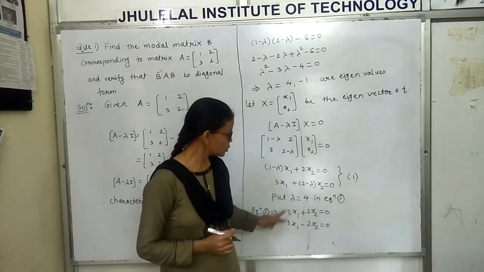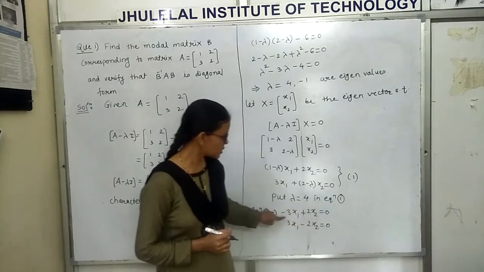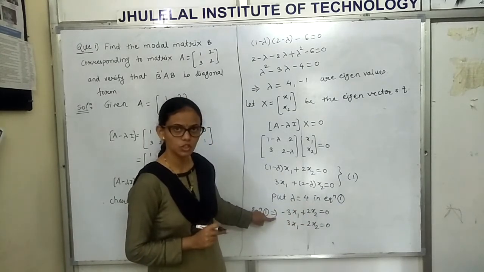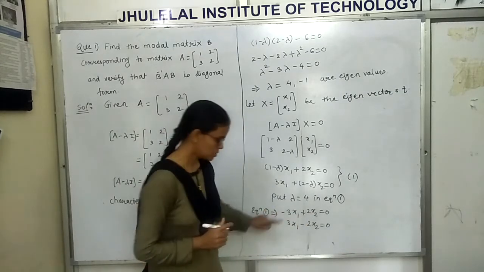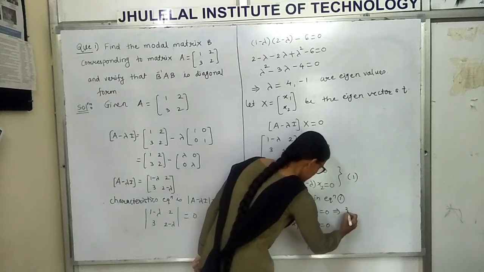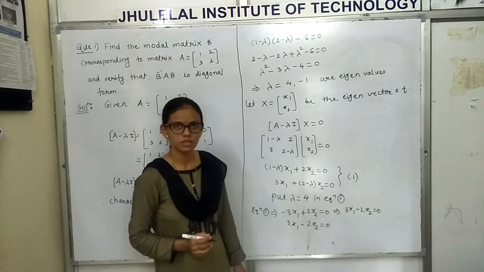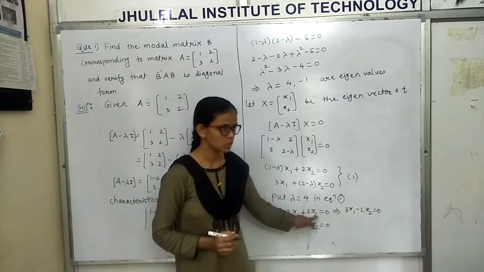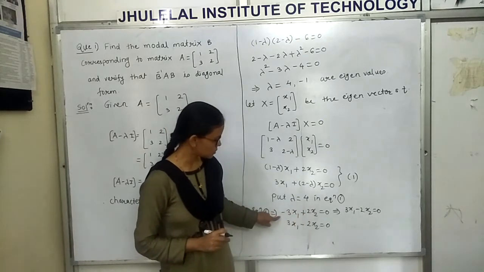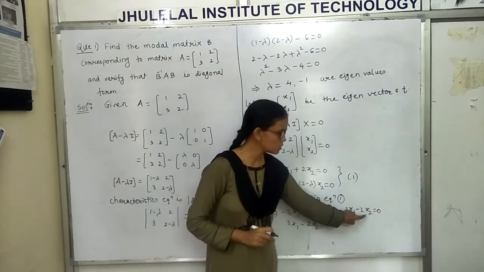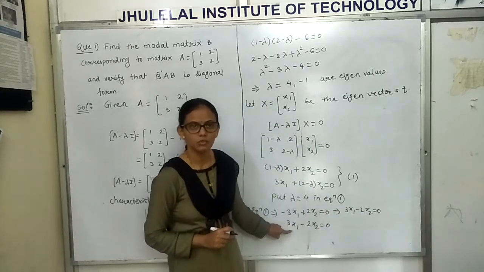Now, after getting these two equations, see here, if I multiply the first equation by a minus sign, since the coefficient of the first term is negative, it will become 3x1 minus 2x2 equal to 0. So I am multiplying the first equation by a minus sign, and it becomes 3x1 minus 2x2, which is the same as the second equation.